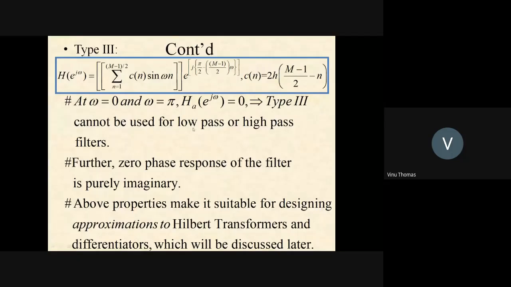We cannot use them to design low pass or high pass filters, and therefore we cannot use them to design band stop filters either. However, typically they are used to design two kinds of filters, known as Hilbert transformers and differentiators. So type 3 are mainly used to design Hilbert transformers and differentiators. We will see some worked examples later.